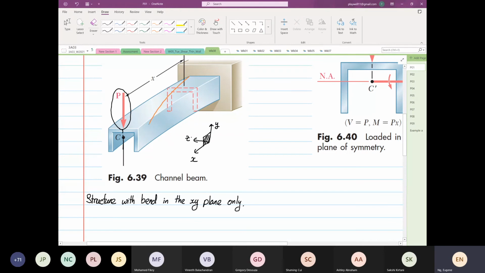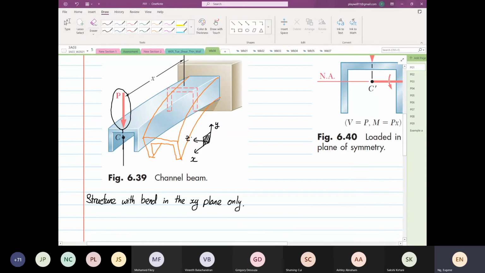So the structure will deform something like this. Right, so this is how the structure will deform.